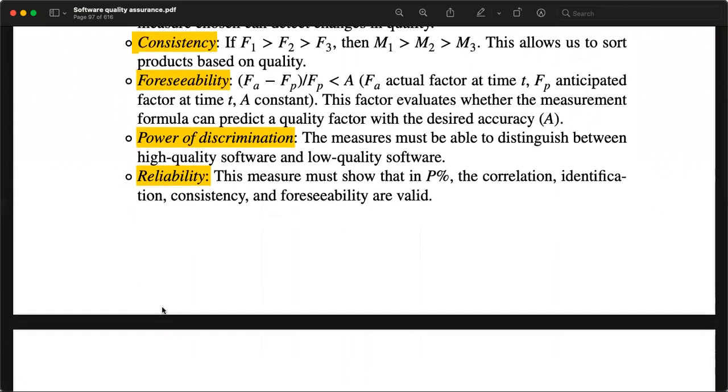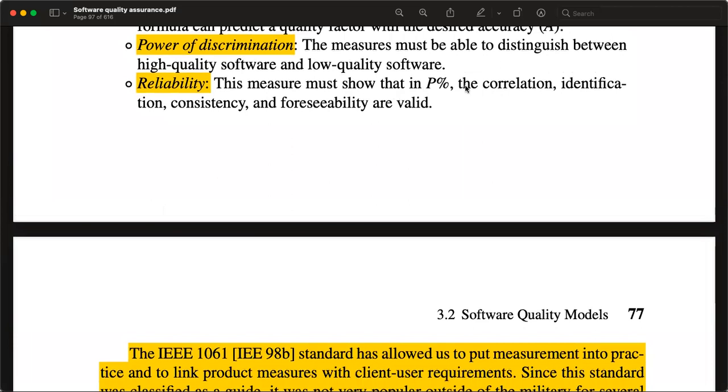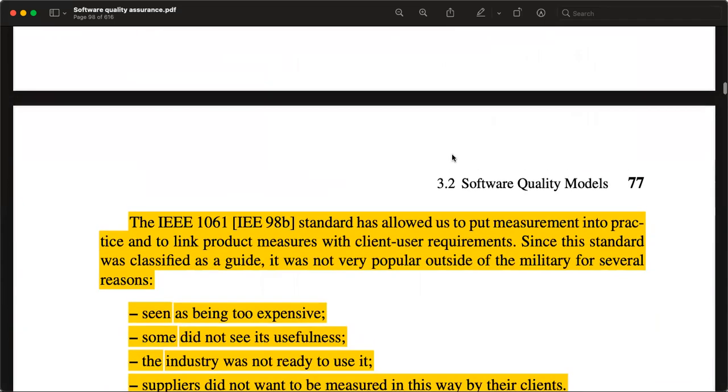Then power of discrimination and reliability. The measures must be able to distinguish between high quality software and low quality software. This is the power of discrimination, and the measure must show that the correlation, identification, and possibility are valid.